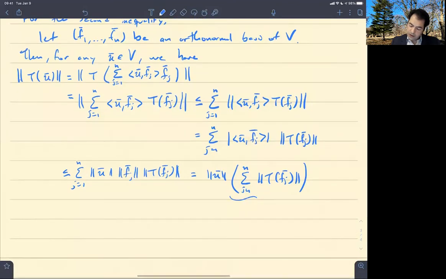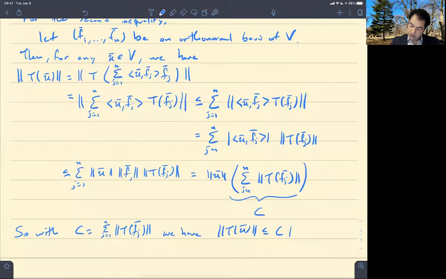Okay, so let's call this C, right? That's our number C. With C equal to this number, sum j goes from 1 to n of the norm of T of fj, we have that the size of T of U is bounded above by this constant times the size of U for every U in the vector space.